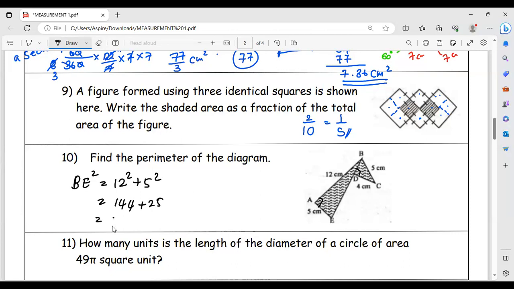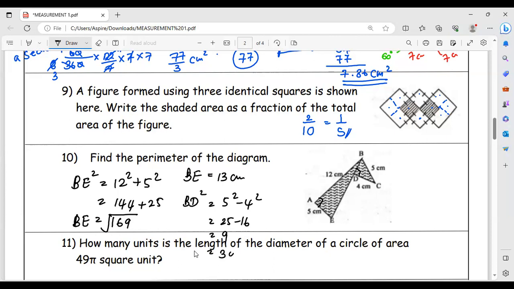Answer is 169. Then BE equals 13 centimeters. Then to find the BD, BD squared equals 5 squared subtract 4 squared, 25 subtract 16. Answer is 9. That means BD equals 3 centimeters.